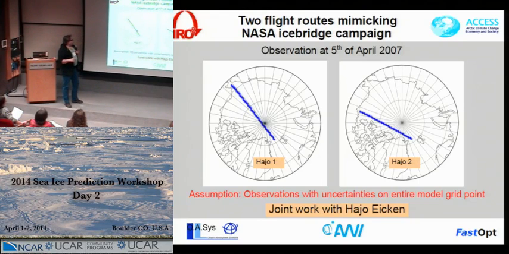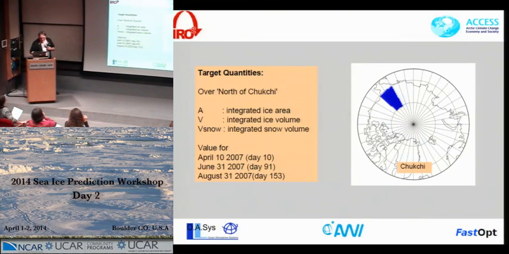And we assume that we know the uncertainties on every grid point here in the model of the observations, which is snow and ice thickness. We do not care here for representation error. We know the error, we assume. By the way, we do not need the observations. We only need the uncertainties. So the data we generate by ourselves.